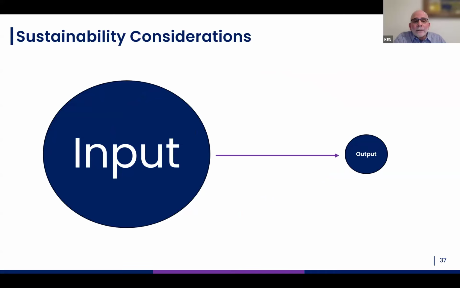Then finally, the sustainability considerations. I think it's pretty straightforward that we've input everything into this bird to get them ready to make into food. All the feed, all the energy, all the labor, everything, including the welfare of the bird. And if that bird dies in the process, our output is virtually nothing.